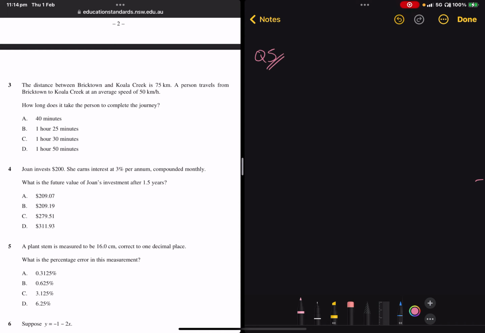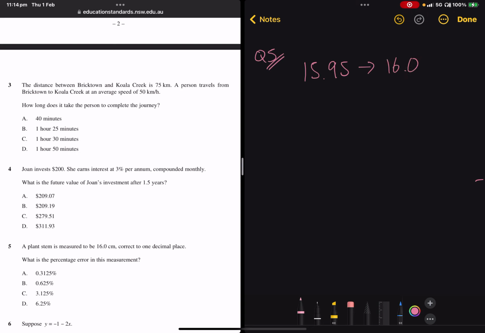So if we have 16 correct to one decimal place, this means it could, in theory, have been 15.95, because this would round up to 16.0.